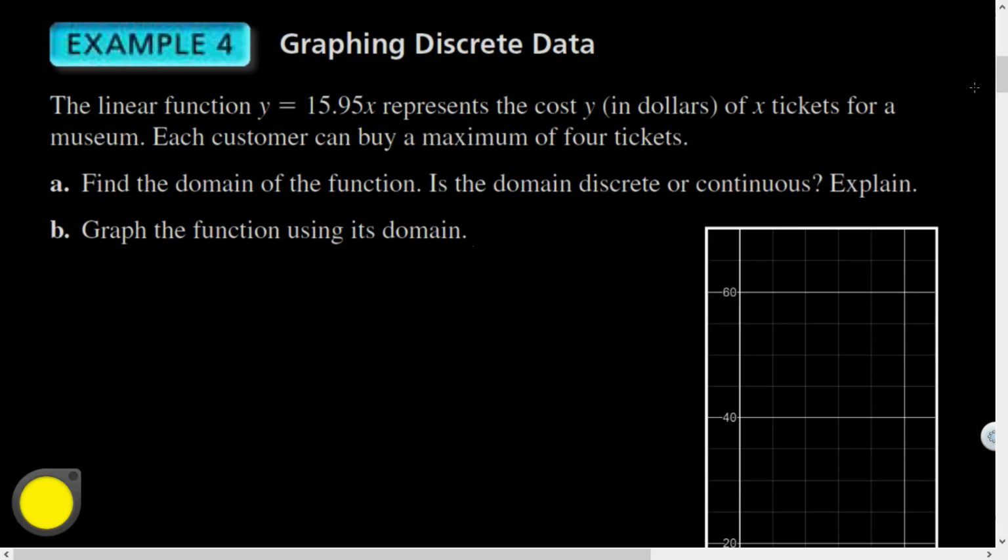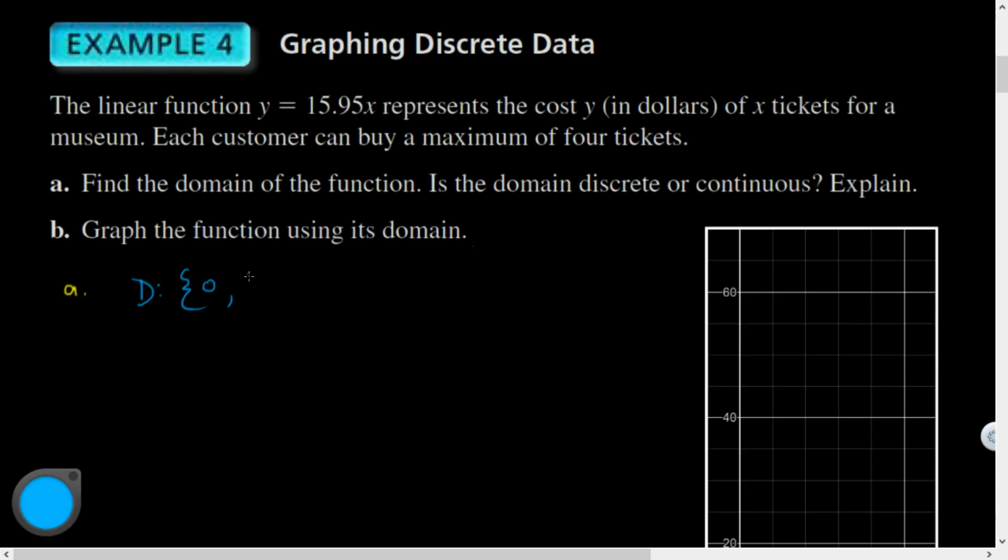We'll eventually graph this, but for part A, to find the domain, the question is: can I buy 0 tickets? Yeah, 0 is a number of tickets I can buy. Can I buy 1 ticket? Yeah.